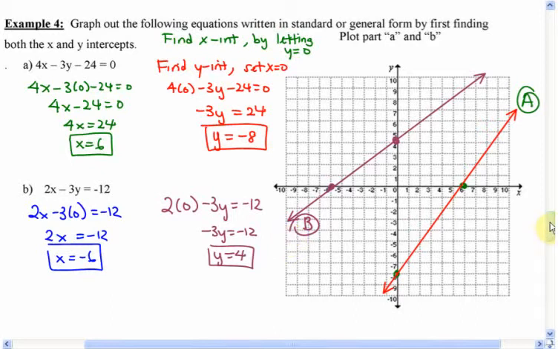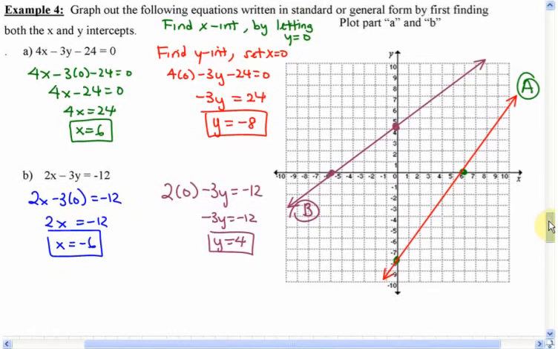And then you can also connect the two dots together to find the line. Okay?